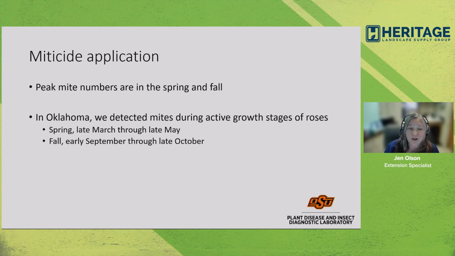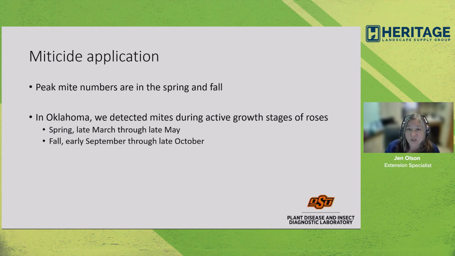What we found is that usually when we are finding increasing populations of eriophyid mites is when the rose plants are flushing out new growth. So especially for us in the spring, from about late March to late May, and then during the summer, not too many mites. But in the fall, when roses start to send out new growth, early September through October, those populations would go up.